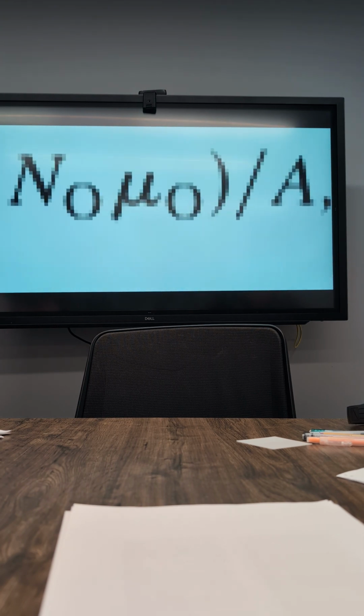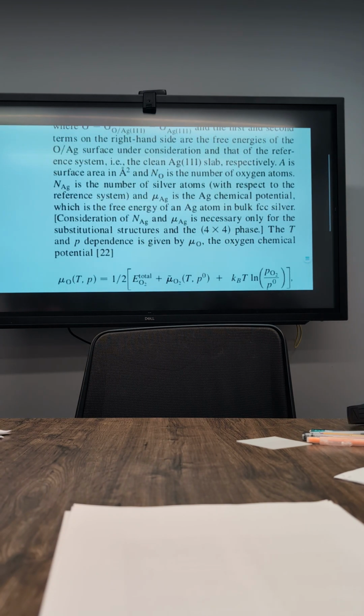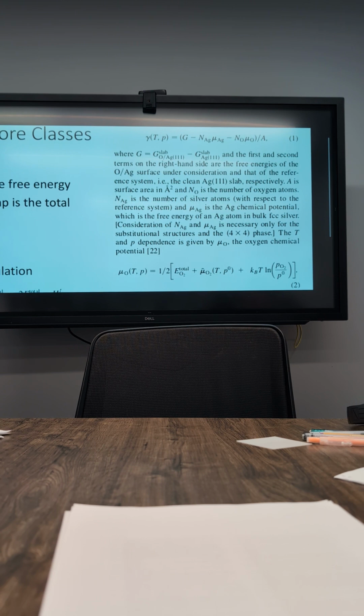So they solve it for the chemical potential of oxygen, and they substitute some stuff so that instead of having the chemical potential of gold or silver, you're going to have the chemical potential of oxygen related to the partial pressure of the environment. They write everything in terms of oxygen in the second equation instead of silver.